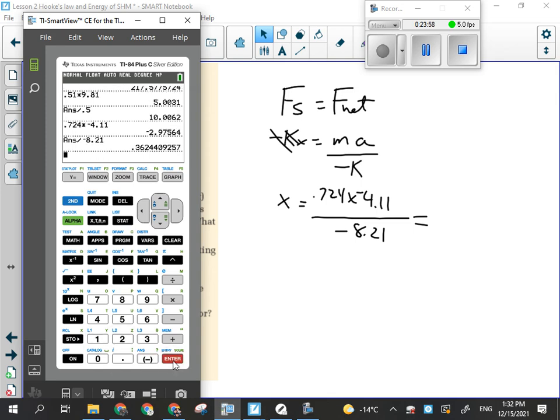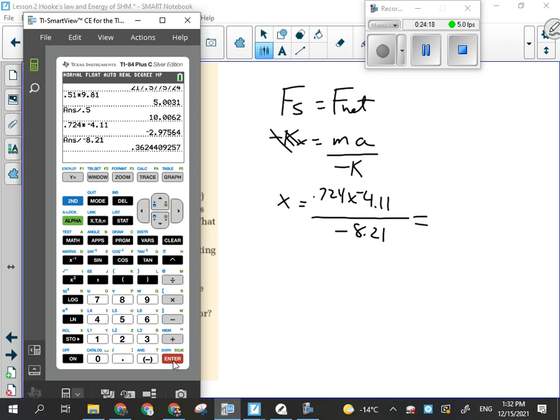So my displacement would be 0.36 meters to the right, because it came out positive. Okay. My displacement has to be right if my acceleration is left. Okay? So the mass has moved.